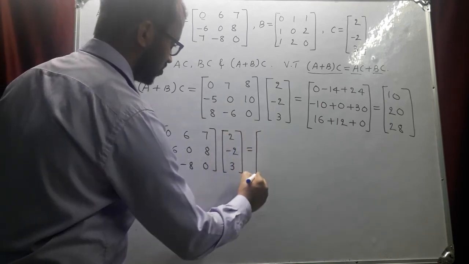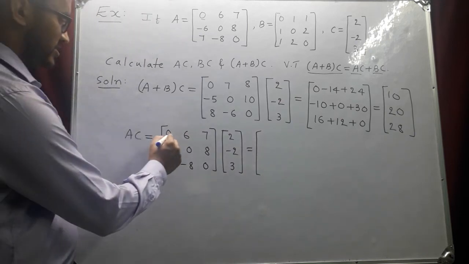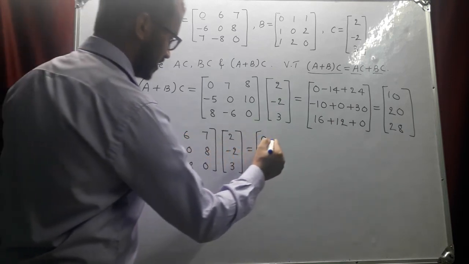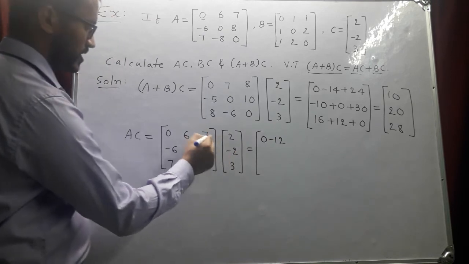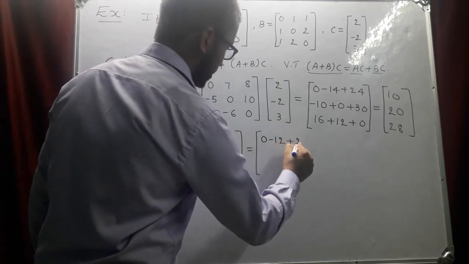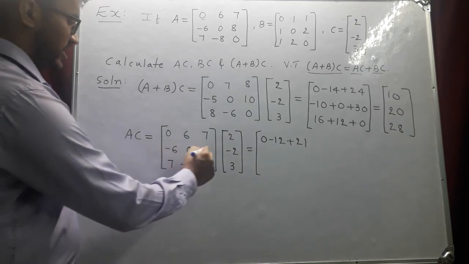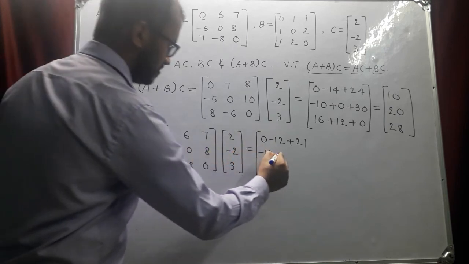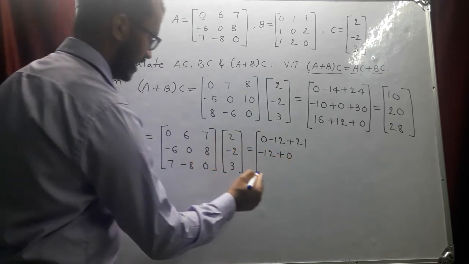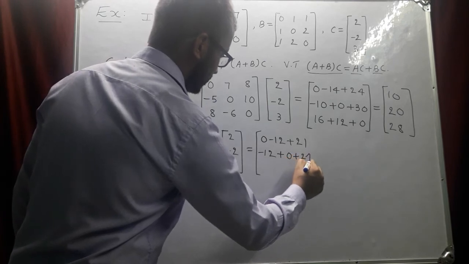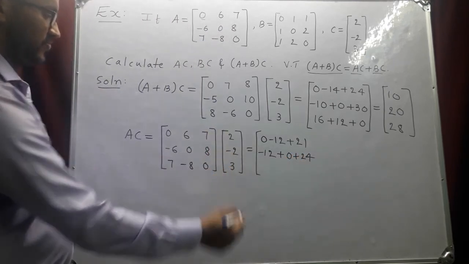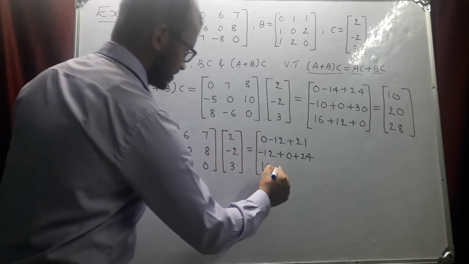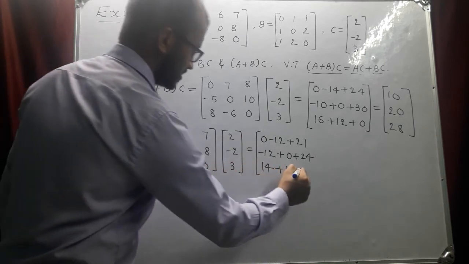If you find the product, what will we get? 0 into 2, that is 0, plus 6 into minus 2, minus 12, 7 into 3, 21. Second row, first column, minus 6 into 2, minus 12, plus 0, 8 into 3 is 24. Third row, first column, 7 into 2 is 14, plus 16, plus 0.